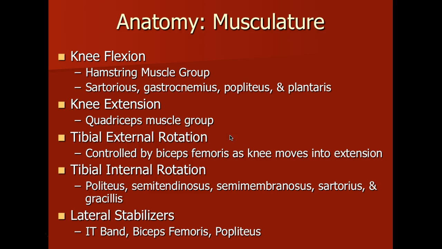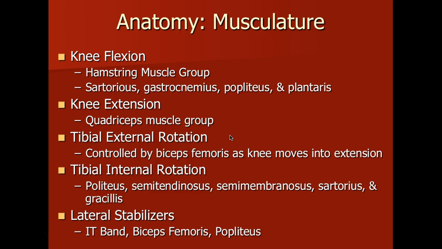One other thing to note, and you'll probably read this in your book, is that when it comes to quadriceps and hamstrings, you need the hamstrings to be at least 60 to 70% as strong as the quadriceps.